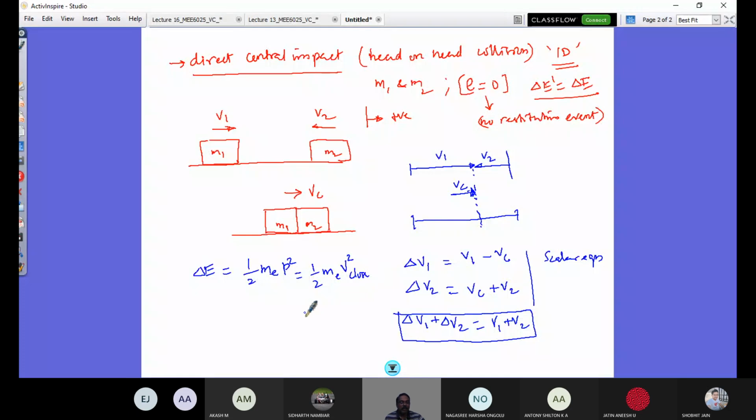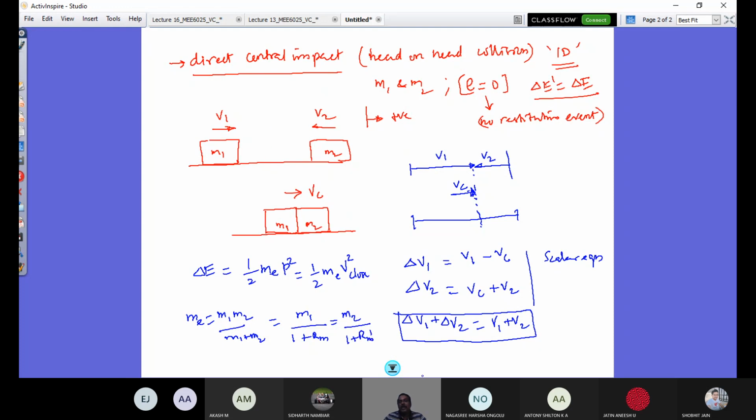Now what is Me? It is M1 M2 by M1 plus M2. You can rewrite this as M1 by 1 plus Rm, where Rm is M1 by M2 as we have already defined, or in terms of M2 by 1 plus Rm dash.